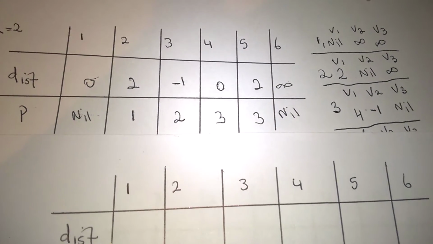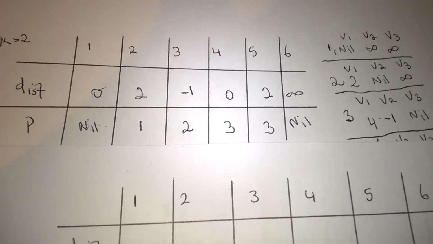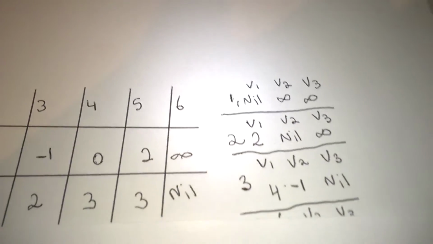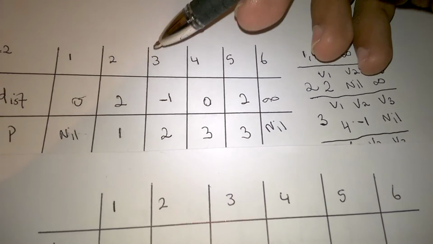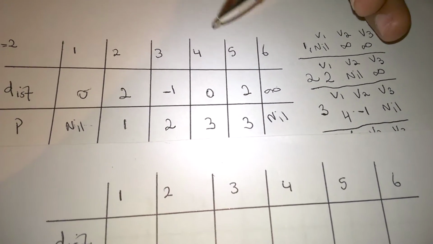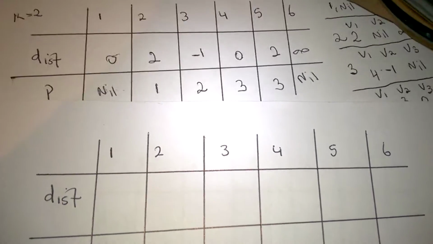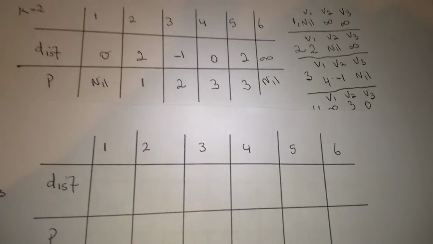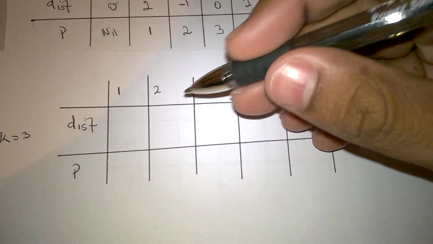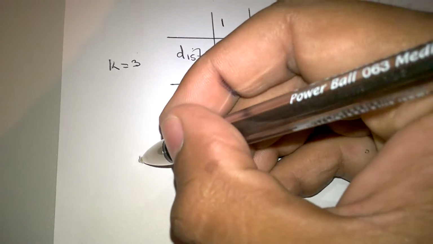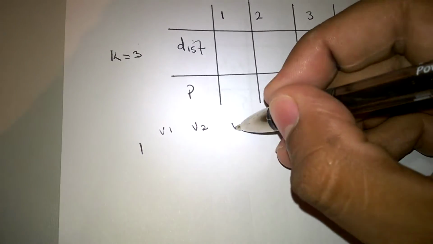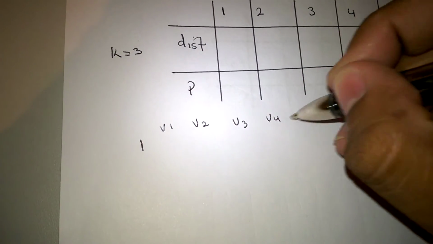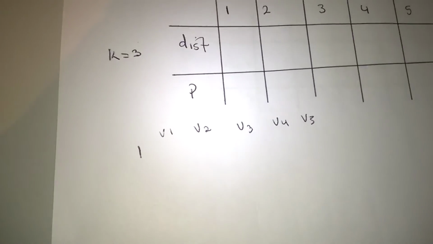So we're going to basically do the same thing again, except this time, instead of using just 1, 2, and 3, we're going to use 1, 2, 3, 4, and 5 because there are more values now which are not infinity, right? So let's start. So for 1, we have v1, v2, v3, v4, and v5, right?